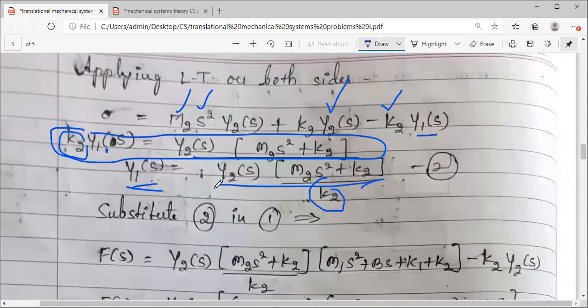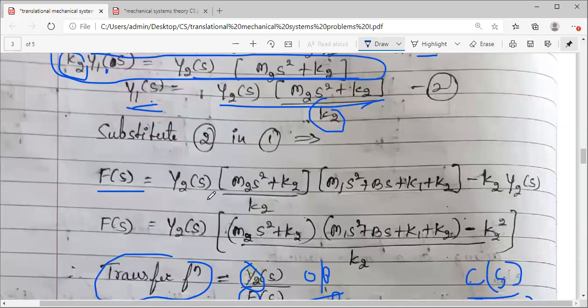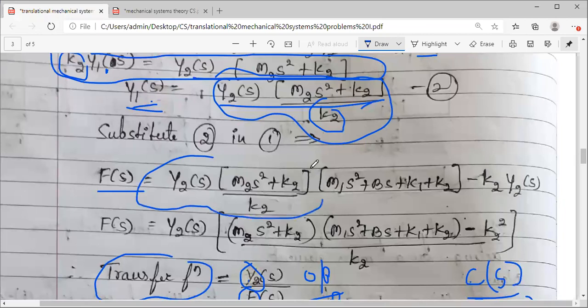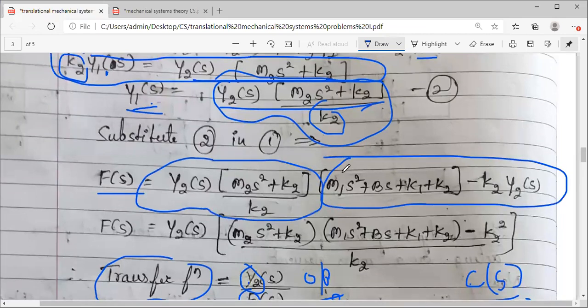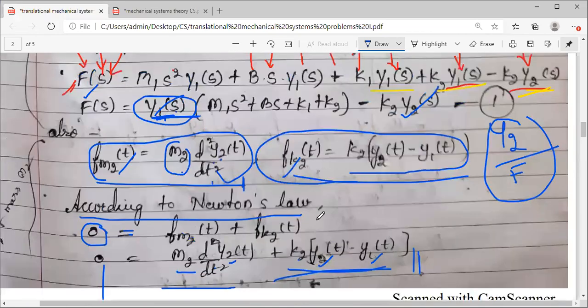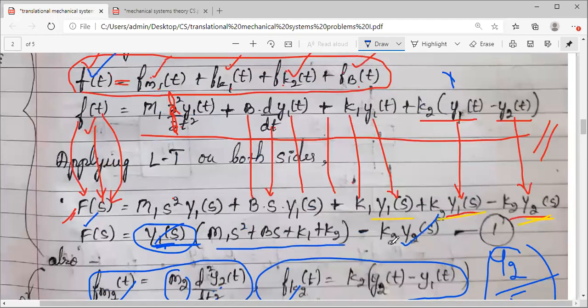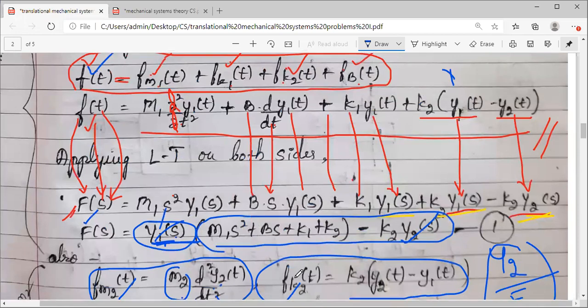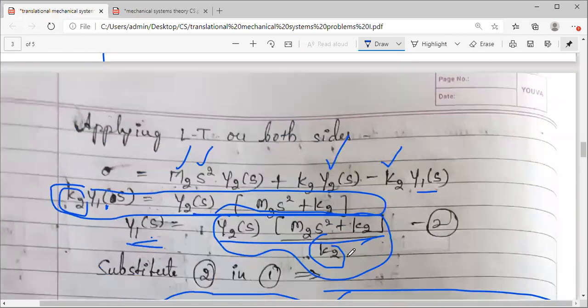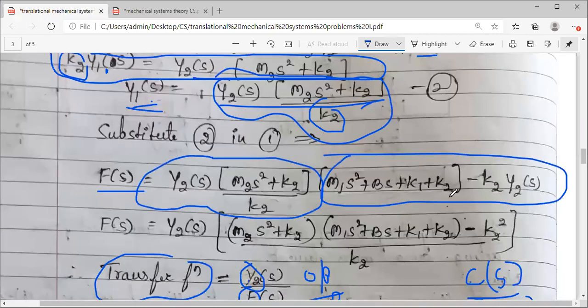If you substitute, f1 of s is equal to, ये जो भी हमने y1 के लिए equation निकाला था, I have written that here. Okay, substituting, and ये जो बाकी terms हैं, this complete term is your remaining terms of equation 1. सिर्फ y1 के बदले में जो equation 2 में हमको value मिली है, वो value substitute किया है.